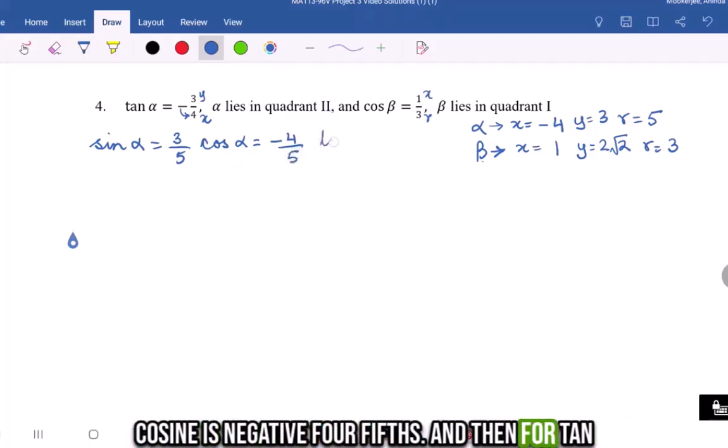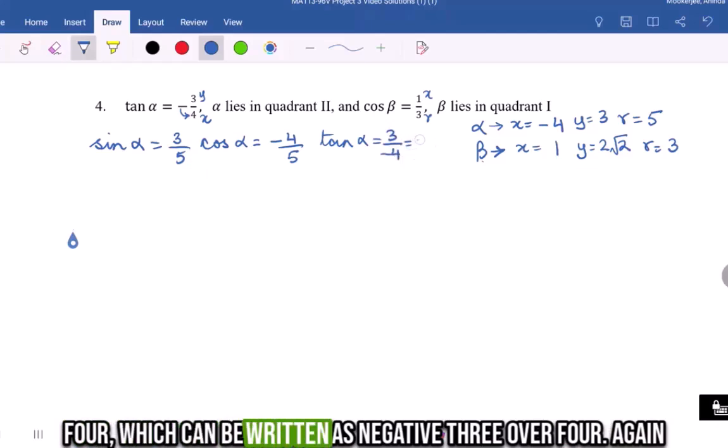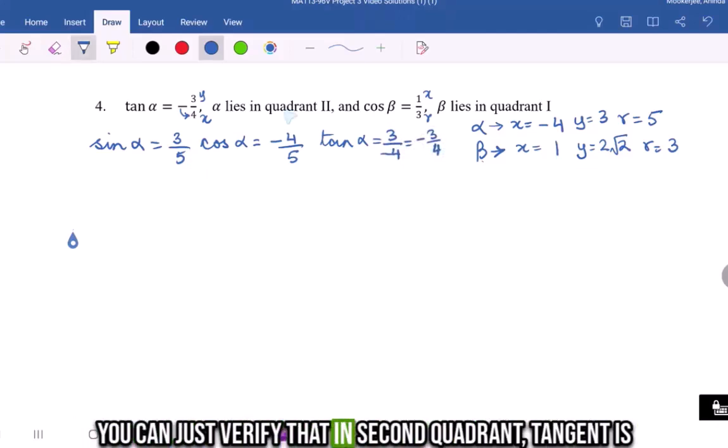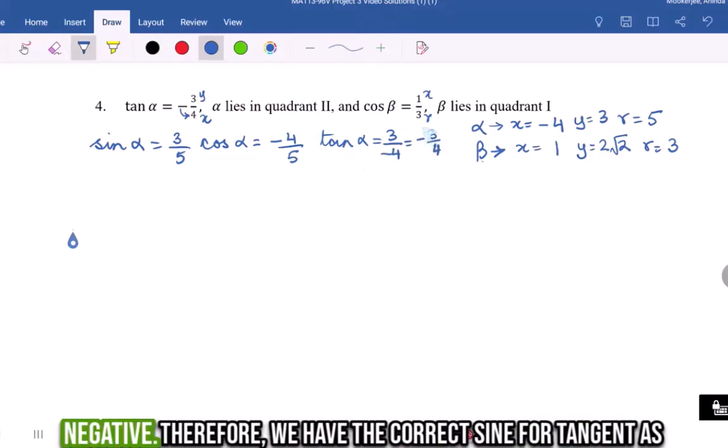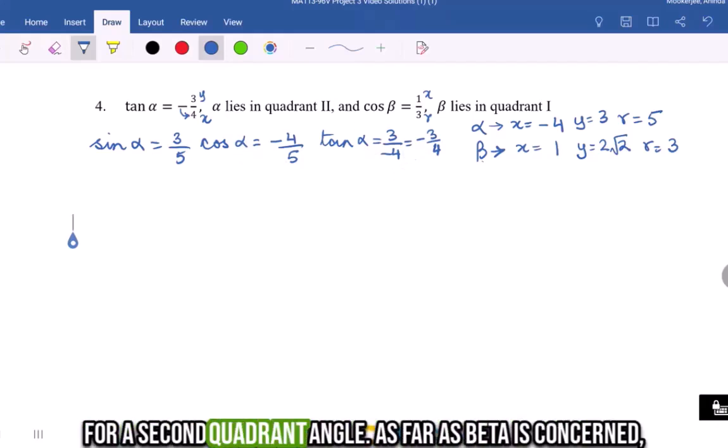And then for tan of alpha, it will be y divided by x. Therefore, 3 over negative 4, which can be written as negative 3 over 4. Again, you can just verify that in the second quadrant, tangent is negative. Therefore, we have the correct sign for tangent as well as for cosine. Both cos and tan are negative for a second quadrant angle.